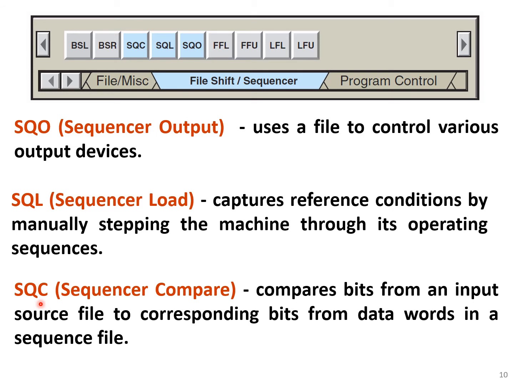We want to see if that specific combination exists in our sequence file or not. So it's kind of like searching through a lookup table or a sequence file table.